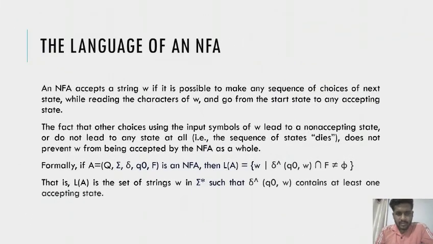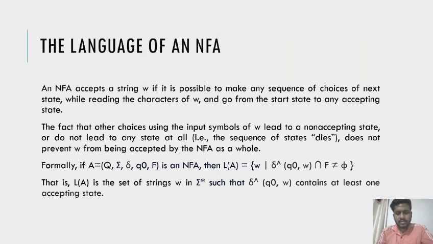Language of an NFA. An NFA accepts a string w if it is possible to make any sequence of choices of next state while reading the characters of w and go from the start state to any accepting state. The fact that other choices using the input symbols of w lead to non-accepting states, or don't lead to any state at all, does not prevent w from being accepted by the NFA as a whole.